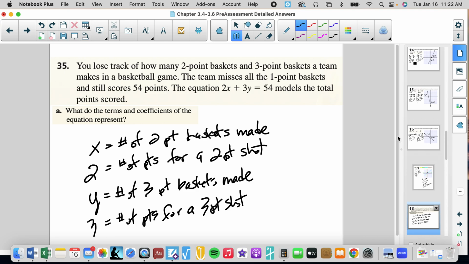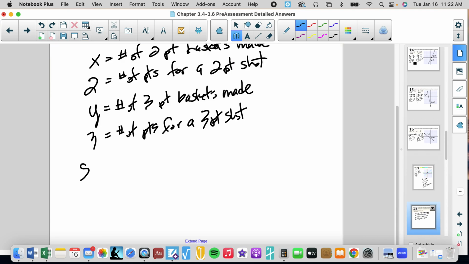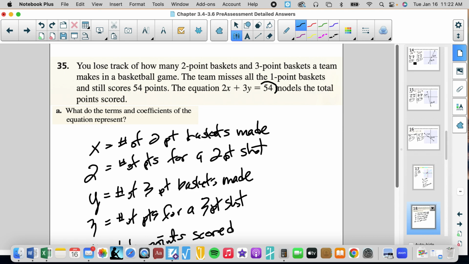And then 54 is the total points scored. So the total points scored equals the sum of the 2-point baskets made and 3-point baskets made. So you're going to do that.